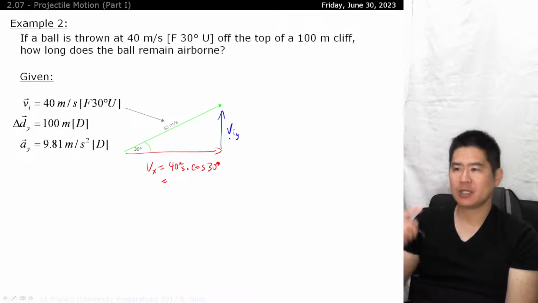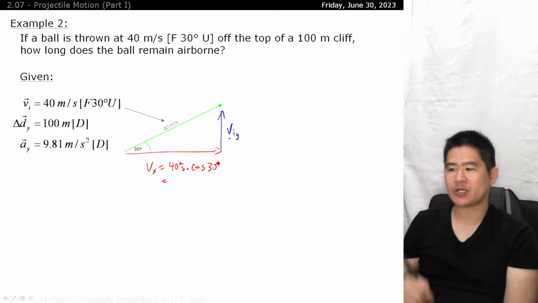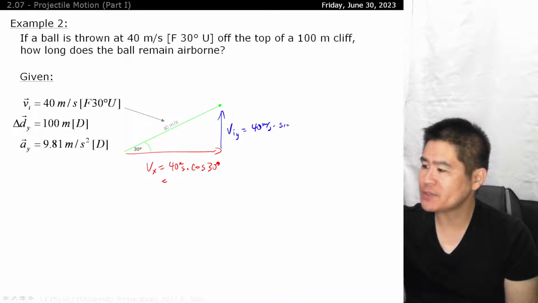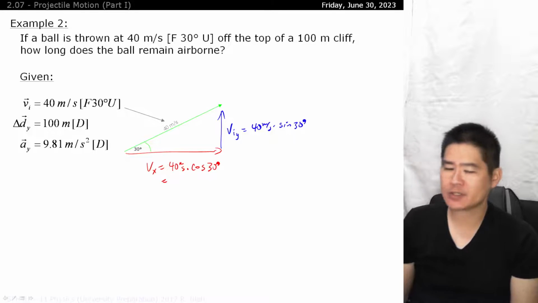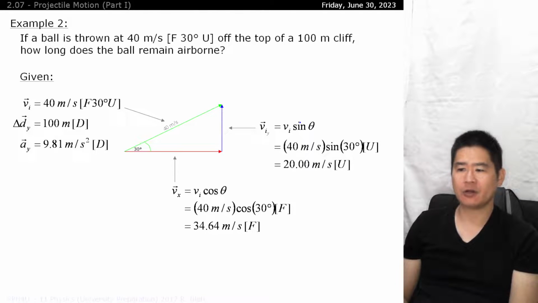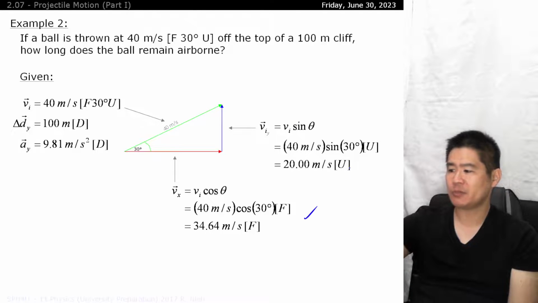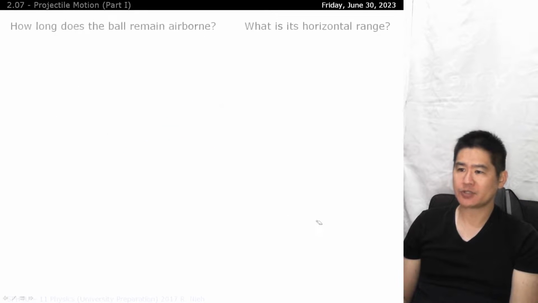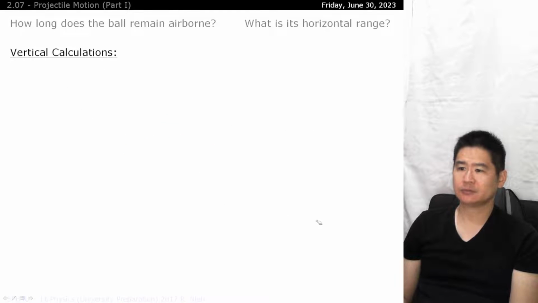It will decrease and increase again throughout its entire projectile path. This is equal to the hypotenuse times sine of 30 degrees, the opposite. So you sit down and crunch through all this on your own, and usually these are 2 marks right here for breaking down your projectile into its components. Next, we'll group them all together and start solving the rest of this.